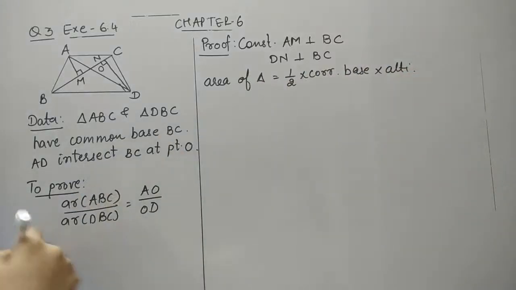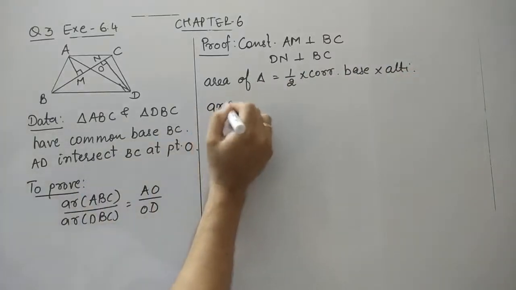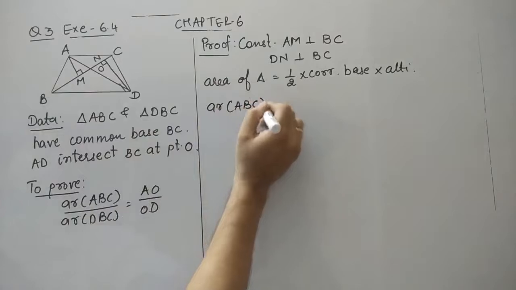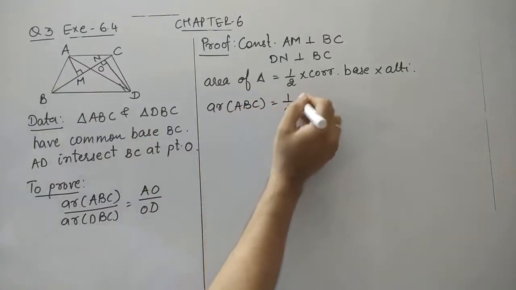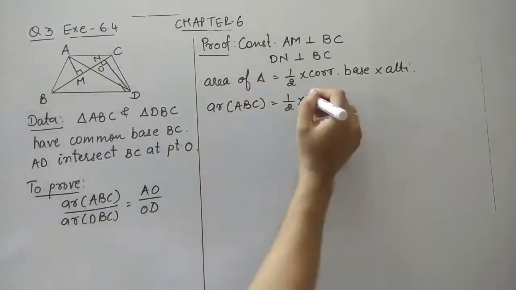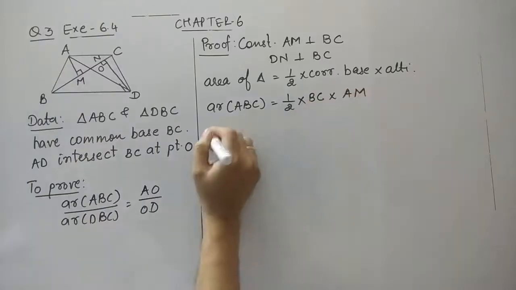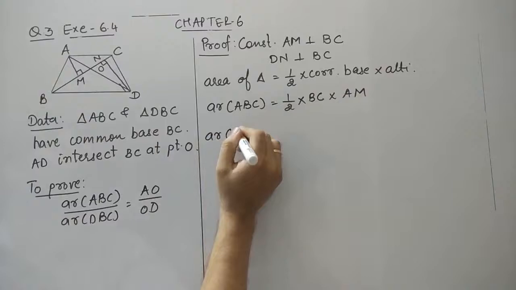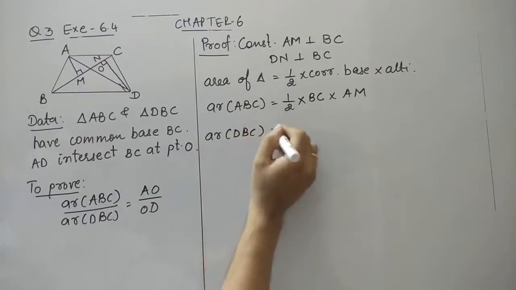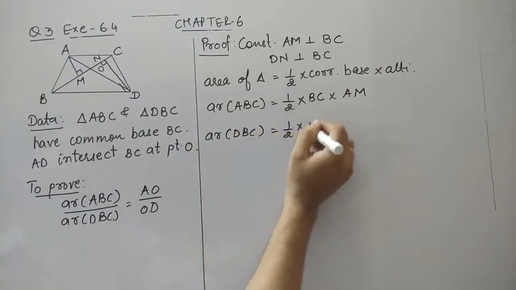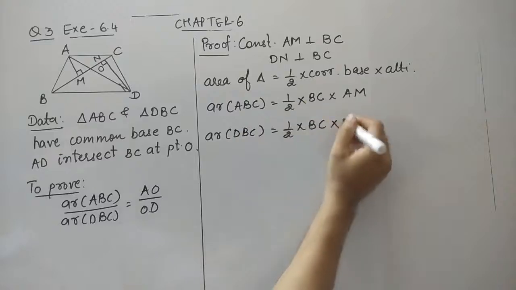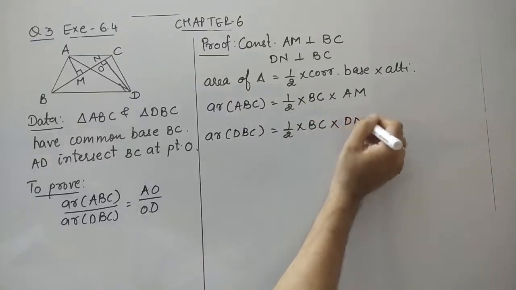So let's find the area of both triangles. Area of triangle ABC: if we consider AM as the altitude, then BC is the base, so half into BC into AM. Similarly, for triangle DBC, half into its base BC, which is common, into the altitude DN.